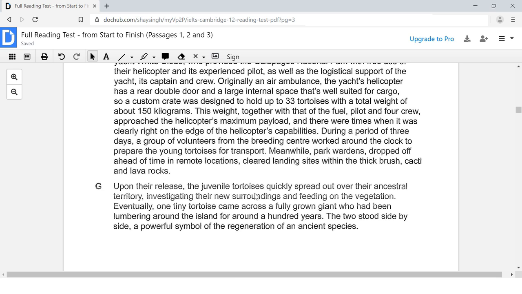Okay, so here it's talking about how the juvenile tortoises quickly spread out. Let us also read the second sentence. "Eventually, one tiny tortoise came across a fully grown giant who had been lumbering around the island for around 100 years." Okay, so it's talking about how a tiny tortoise came across a fully grown giant.